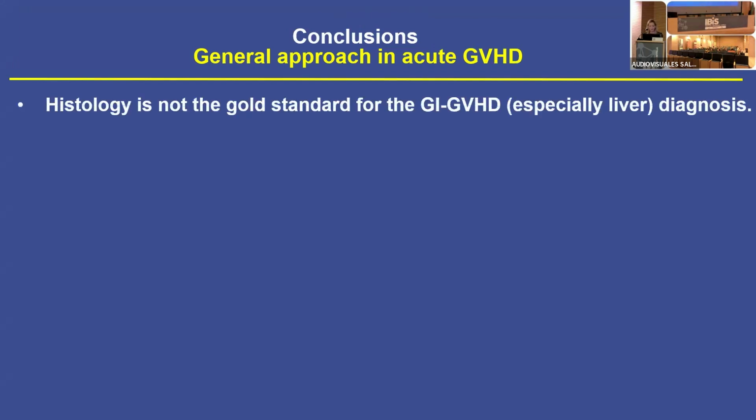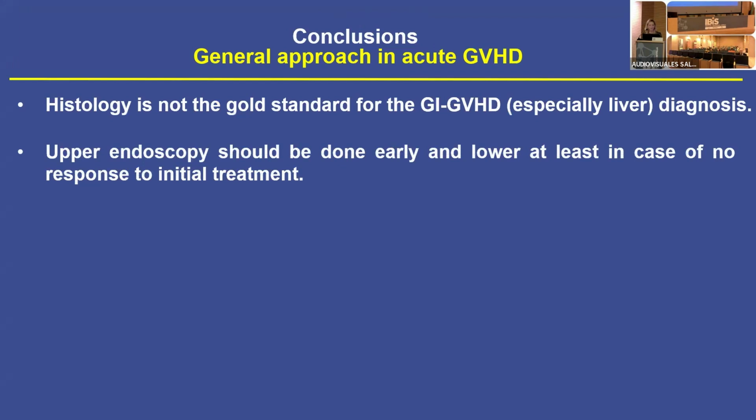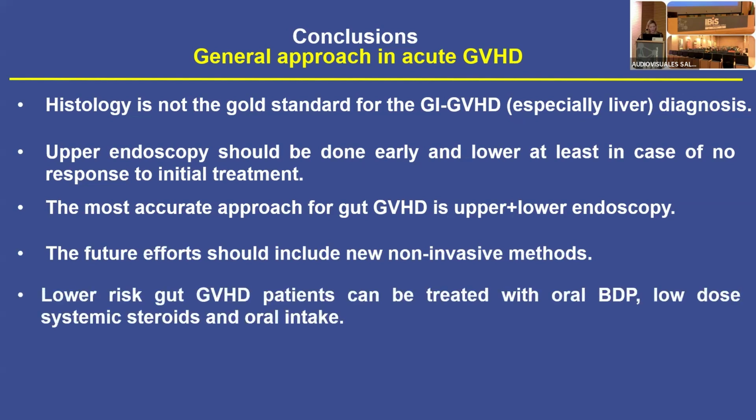So in general, I will not repeat it all, but we still rely a lot on endoscopy and histology. But in acute GvHD, unlike in chronic, it's very important to have some clinical experience to manage and diagnose acute GvHD. The most accurate approach for the gut would be to do upper and lower endoscopy at the same time if you want to get histology positive.